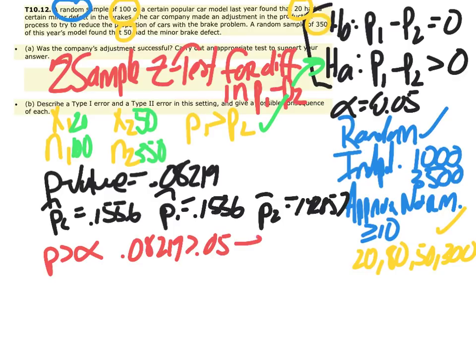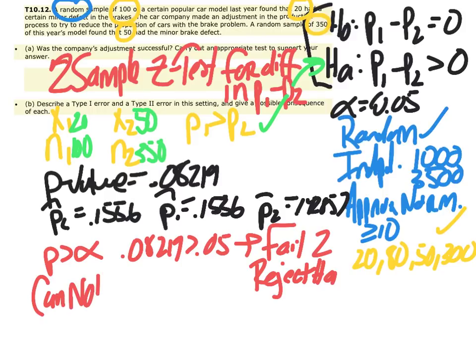So we fail to reject H sub O, which means we cannot conclude H sub A. Now, you can't just say we cannot conclude H sub A. The best way to actually put this into words is to come back in here and say, we cannot conclude that the proportion of brake issues from the first one compared to the second is greater than 0. Just put it in context. So look back at H sub A, put this in words, and that's the best way to make your conclusion.